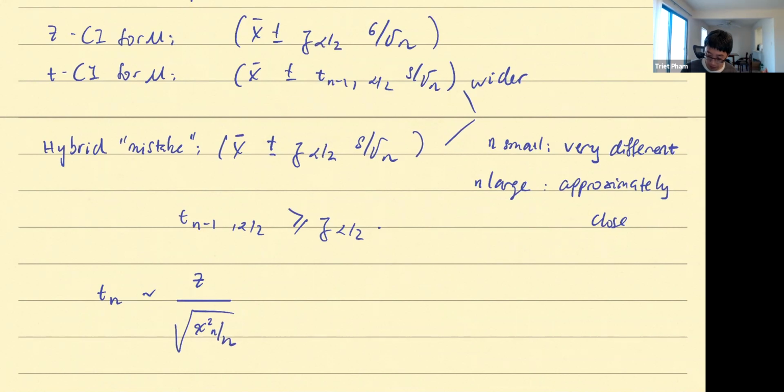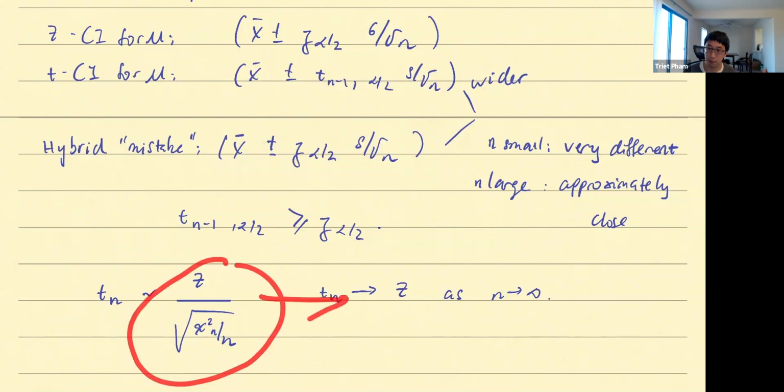I claim that this is enough for those who are perceptive to see that Tn must be approximately normal, or converge to a standard normal, as n goes to infinity. Anyone see why? That this implies this.